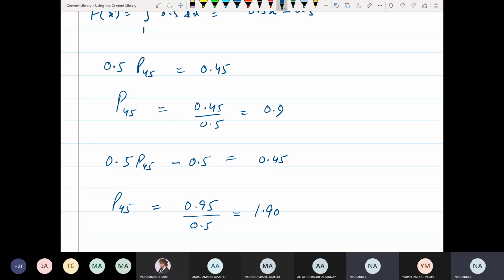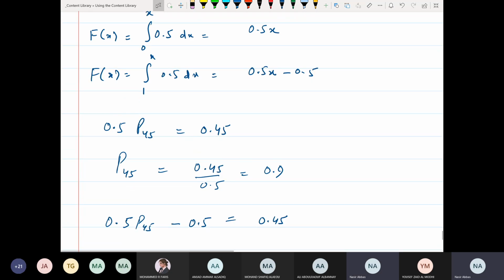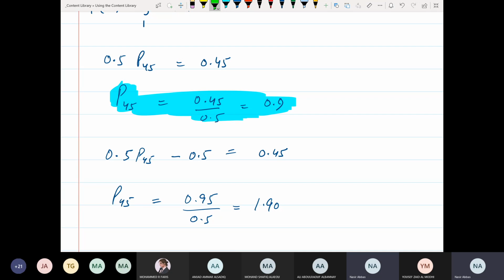Now, which one is true and which one is not true? You got two values of percentile, blue and green. From the blue domain, you got 0.9. From the green, you got 1.9. How do you get to know which one is your percentile?